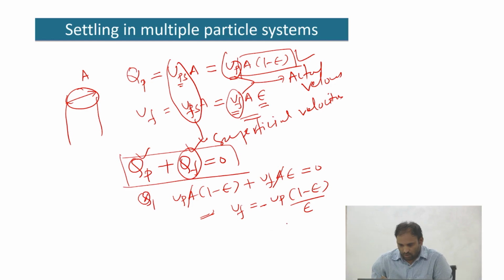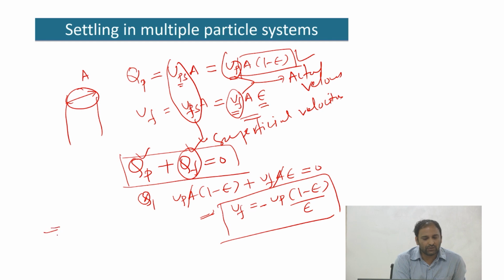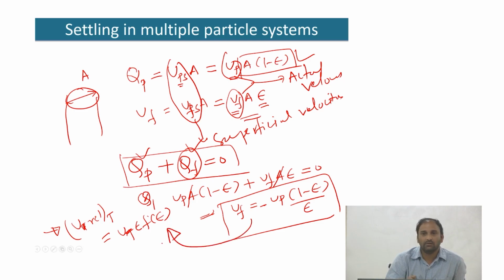Now with this, I'm going to go back to the equation that we developed, which was U relative T, right. U relative T was UT times epsilon times f of epsilon. We had this expression, so I'm going to substitute this back here.